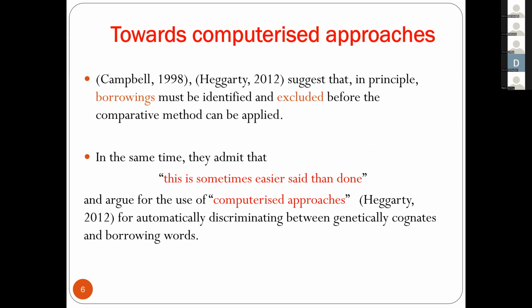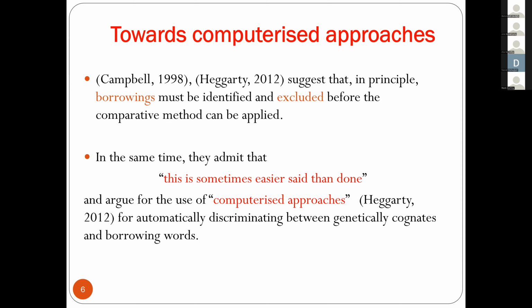Recently, maybe there are more recent references, but this is the most recent which I found: Campbell and Haggard, especially in 2012, suggest that in principle, the borrowings must be identified and excluded before the comparative method can be applied.